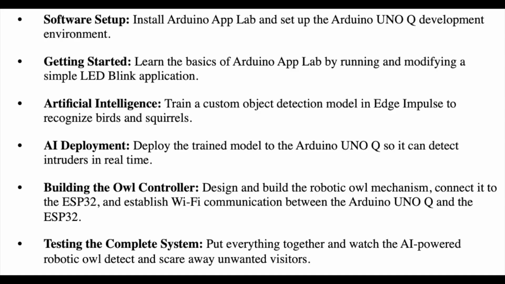We will use the Arduino UNO Q as a system brain, running an AI model that detects birds and squirrels, and an ESP32 to control the owl decoy movement using Wi-Fi.